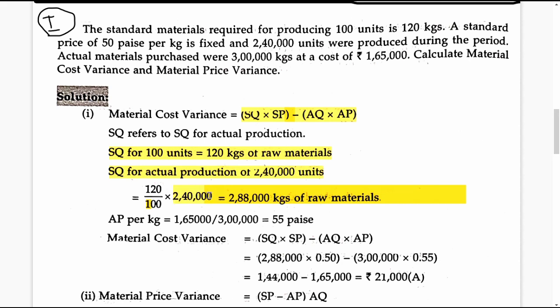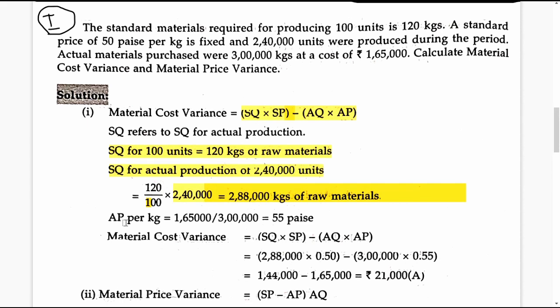Therefore, for 2,40,000 units, how many kgs of the raw material could be used as per the standard norms? It comes to 2,88,000 kgs of raw materials. So this is the standard quantity of input for actual production.